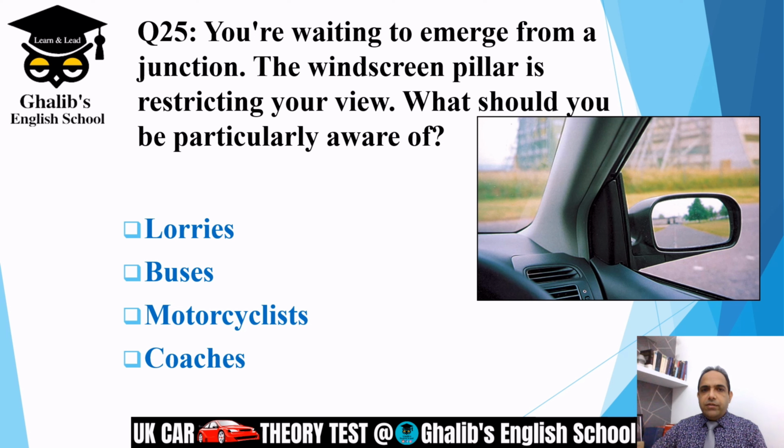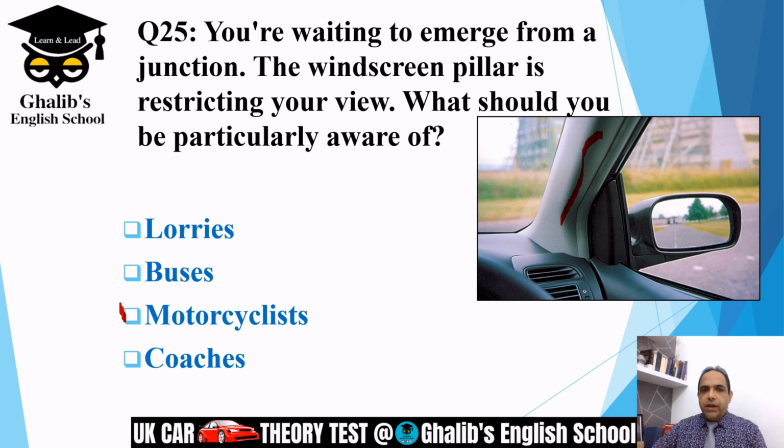Question 25. You are waiting to emerge from a junction. The windscreen pillar is restricting your view. This is the windscreen pillar. What should you be particularly aware of? Lorries, buses, motorcyclists, or coaches.